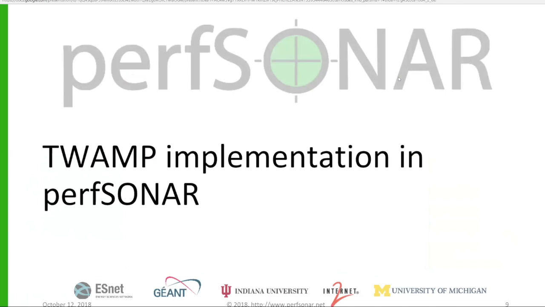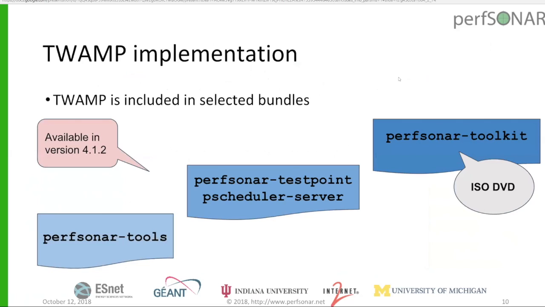So let's have a look at how this is implemented in perfSONAR. What choice do you have? This is included in selected bundles. The most known one is the toolkit, which is also available as an ISO DVD.